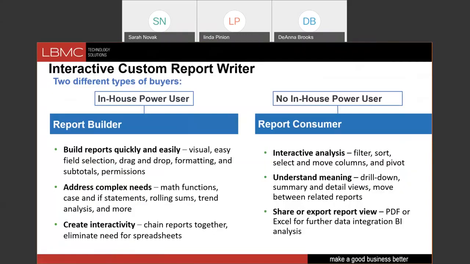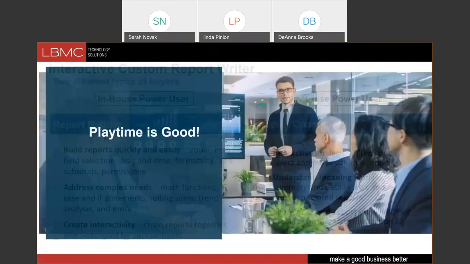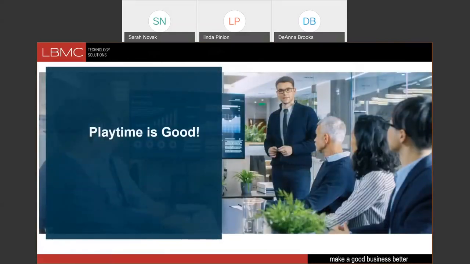I would just tell you that in closing for ICRW, the top two reasons that people switch to ICRW and start using it are, one, it allows you to create pivot tables, and two, it allows you to do more complex calculations in the column.